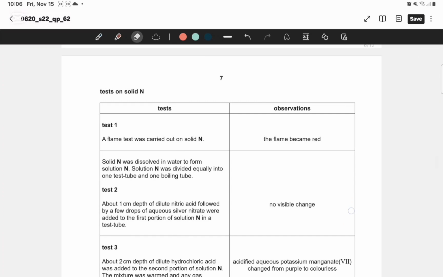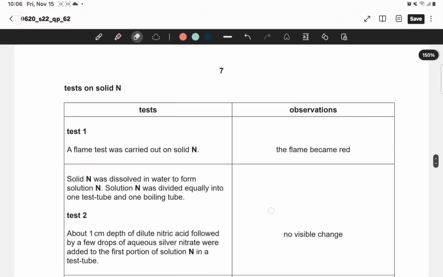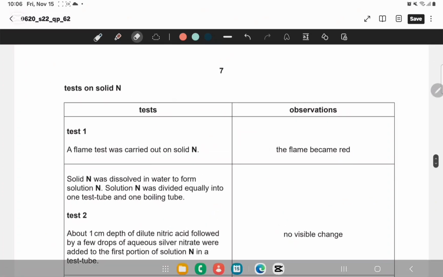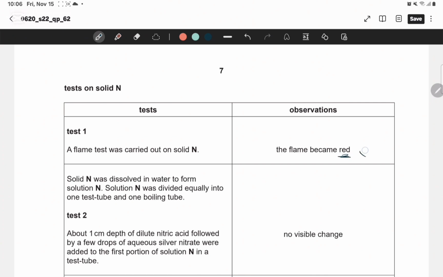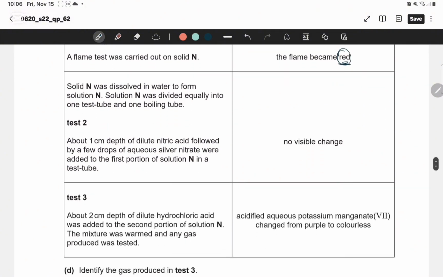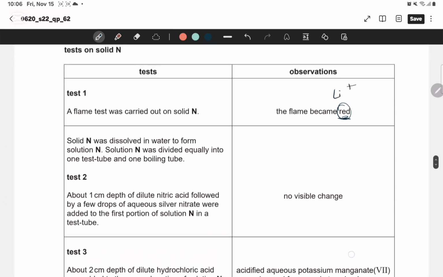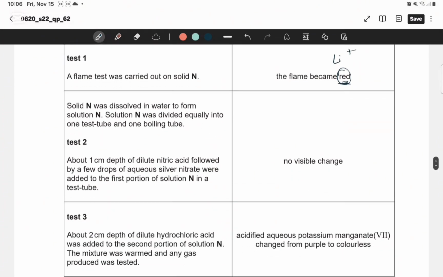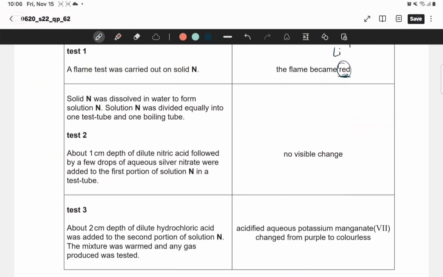Tests on solid N. Test 1. A flame test was carried out on solid N. The flame became red. Look, when they say red and not brick red, just red alone, then it is lithium. If they say brick red, then it's Ca. But it's lithium here because they only said red. So red is Li plus, and then they added dilute nitric acid.